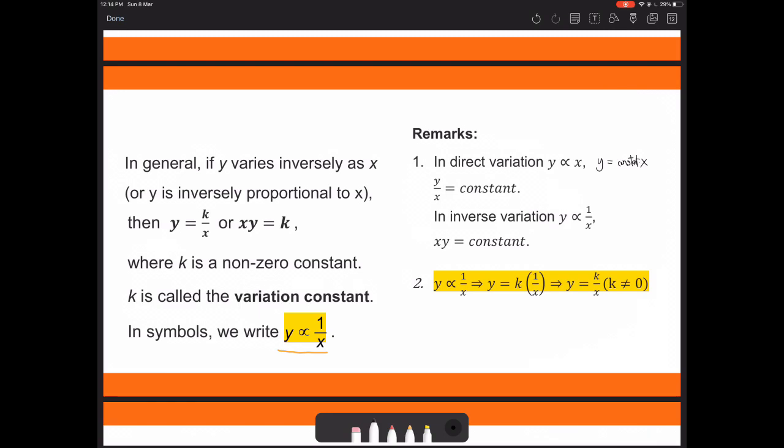But in inverse variation, let's say y varies inversely as x, then we have y is equal to a constant over x. If we move x to the left hand side, we have x times y is equal to a constant. We can compare these two cases. In direct variation, y over x is equal to a constant, but in inverse variation, x times y is constant.